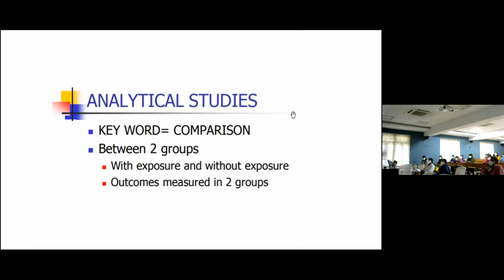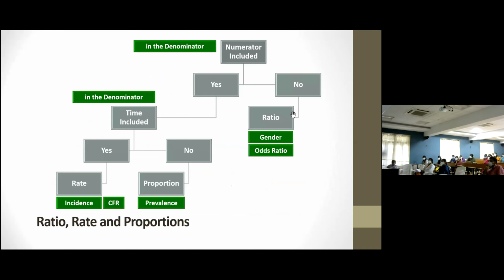Analytical studies, the keyword is comparison. Whenever we say analytical study, there are two groups minimum, sometimes more than two groups also: those who had the exposure and those without exposure, and we follow them up for a period of time.